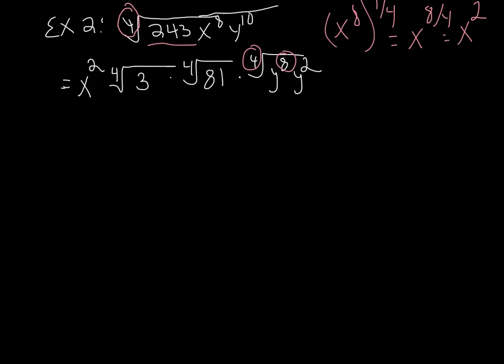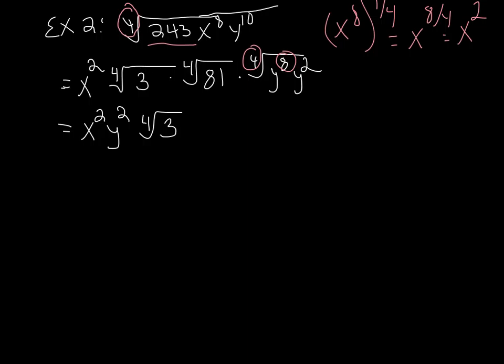I always try to break my exponents into multiples of the index as much as possible. So now with this problem, I know that I have x squared. I'm going to pull out that y squared. And then I have my fourth root of 3.